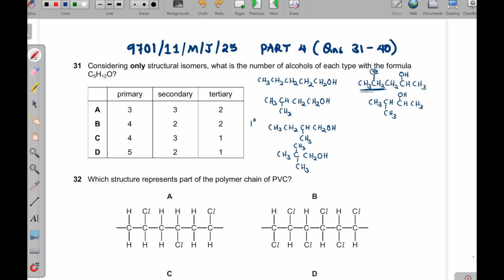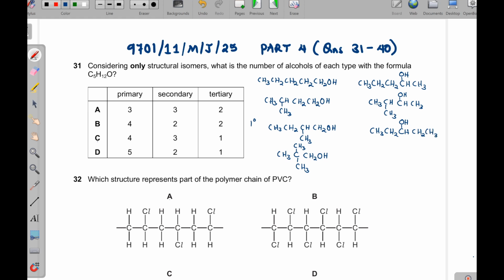Okay, now suppose I also shift this OH, and I put it onto this one here. I will have CH3, then CH2, C, then put the OH here. Then here I'll have a hydrogen, and then CH2, CH3.